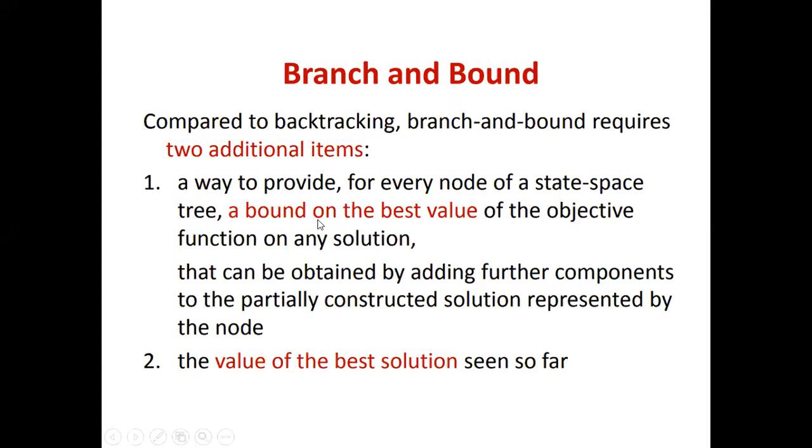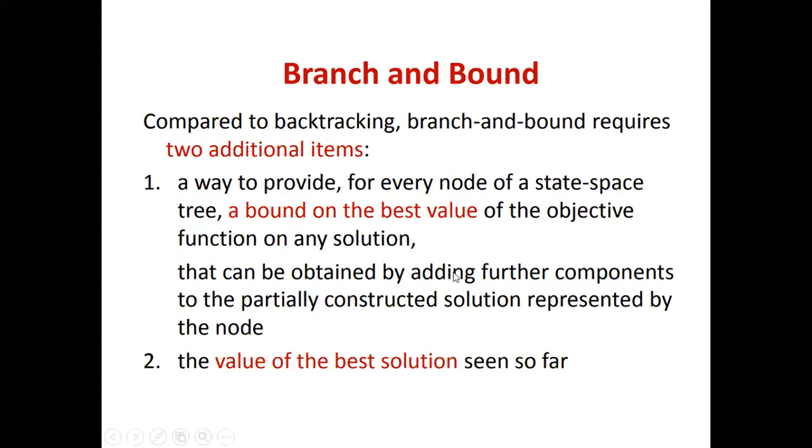So you need to bound on the best value of the objective function on any solution which we got. In order to do this, we need to have some certain way. The next one is to select the value which gives the best solution, the best seen so far.